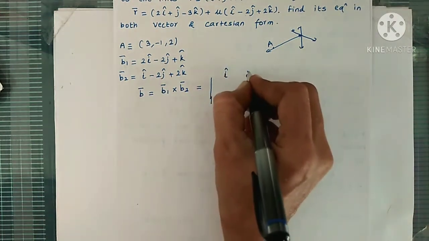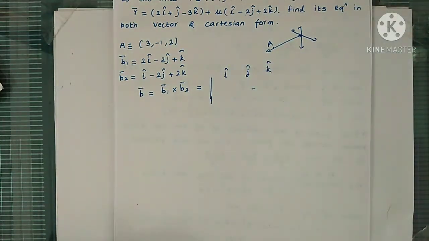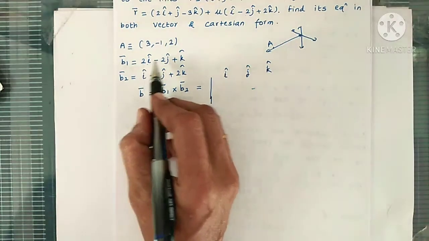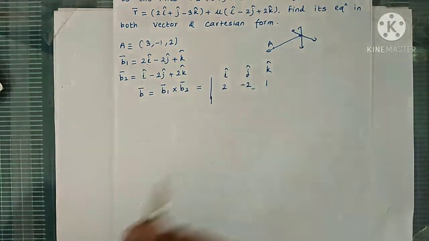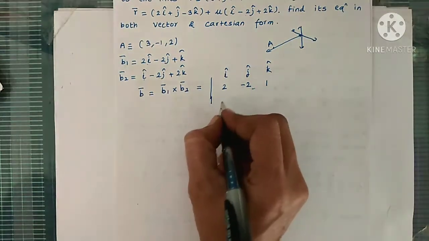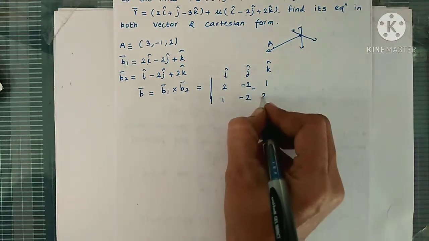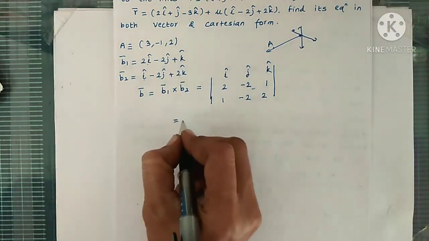So it is a determinant. First row is i cap, j cap, k cap. Now let's write the coefficients of i, j, k from b1 bar: 2, minus 2, 1. And the coefficients of i, j, k from the second vector are 1, minus 2, 2. Now let's write the expansion.